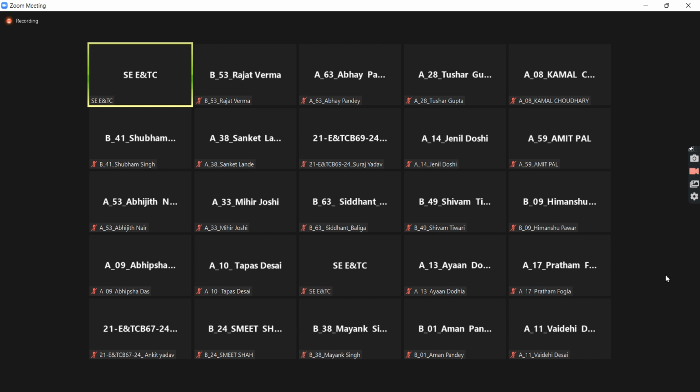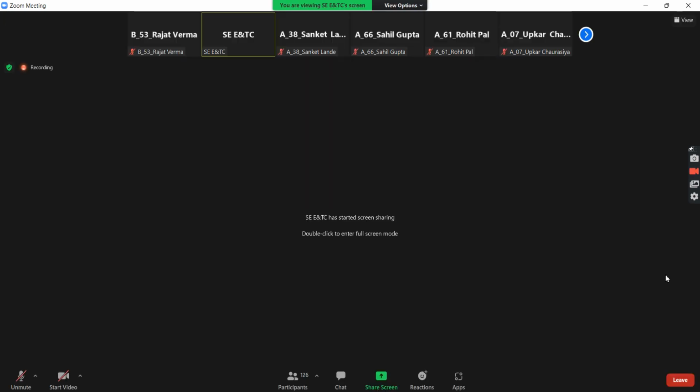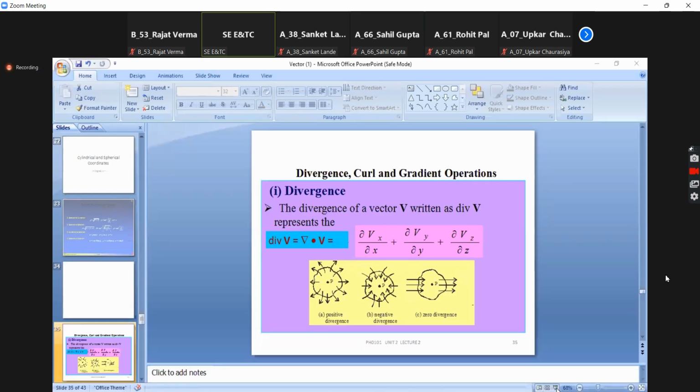So first we will see the concept of divergence. Can you see the screen? Yes, ma'am. So we will see the concept of divergence, curl and gradient.